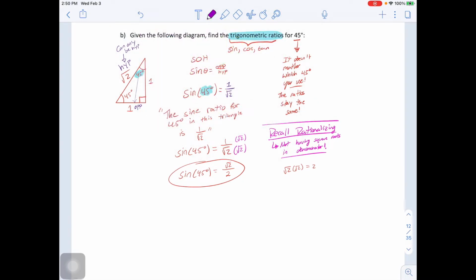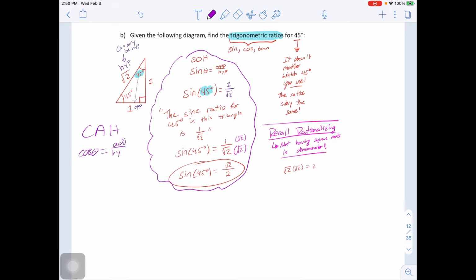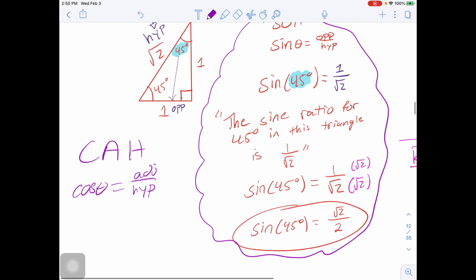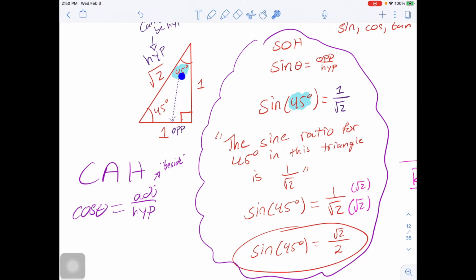Okay, so let's find cos. So this was sine. Let's find cos. So CAH, cos angle equals adjacent over hypotenuse. Now in this case, what's my adjacent side length? Well here, adjacent means beside. That's what adjacent means, beside. So you're asking yourself, what leg is beside 45?